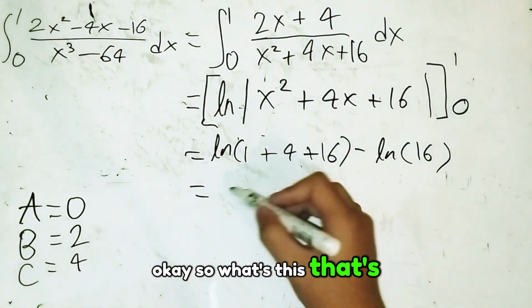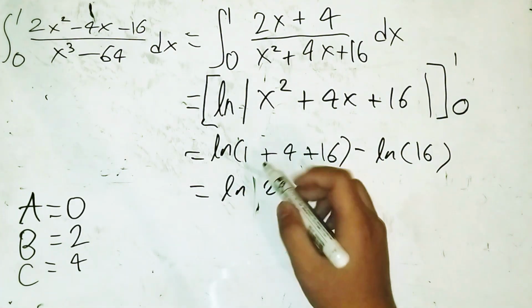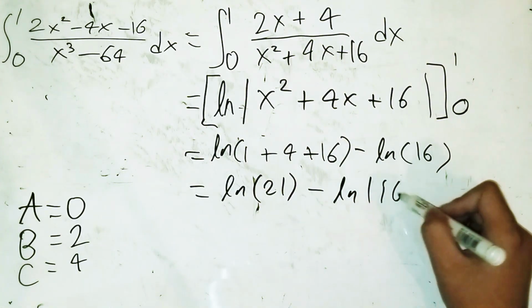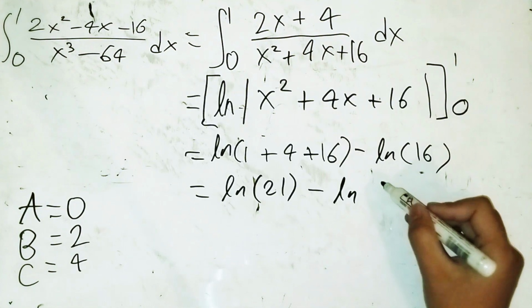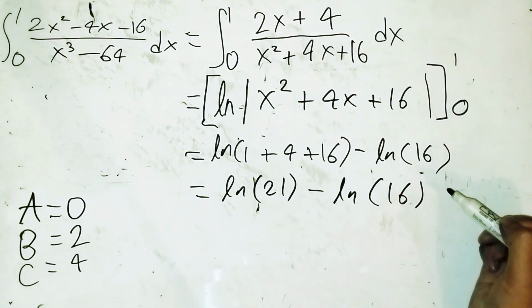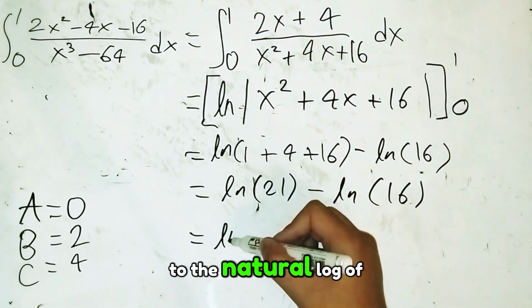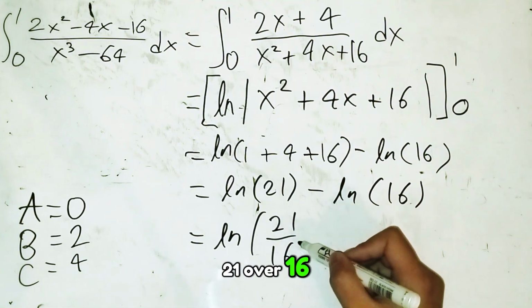Okay, so what's this? That's just ln 21 minus ln 16. So our integral actually equates to the natural log of 21 over 16.